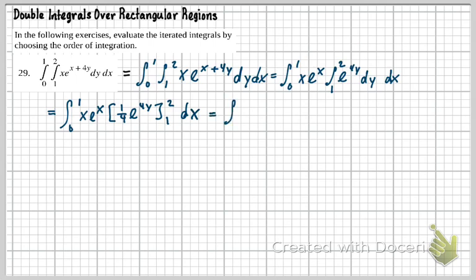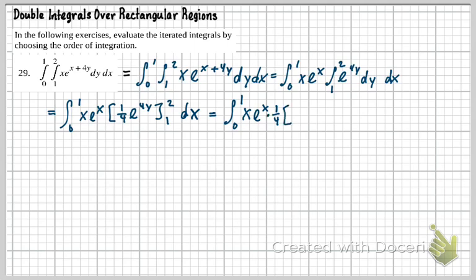So now this is the integral from 0 to 1, x e to the x. And then my upper bound minus my lower bound then is I'm going to pull the 1/4 out as well for this part. So it's a times here.